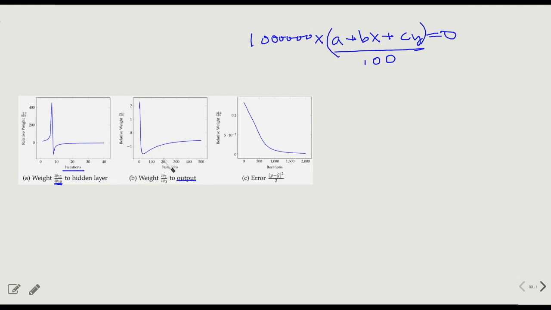Here you can see it takes perhaps more than 300 iterations for the weight to converge. It takes even more iterations for the squared error to converge over time. You can see at the end, the error is minimized at this level, but this is not so until at least 1500 iterations.